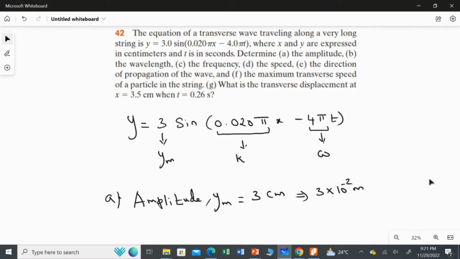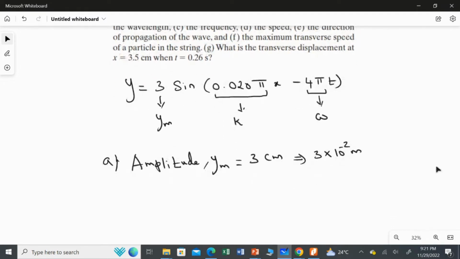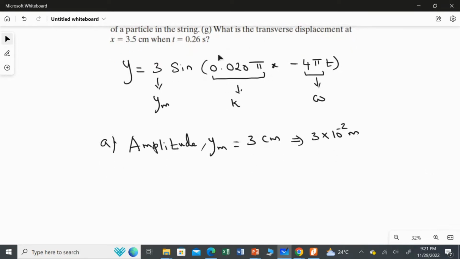In the second question, we are going to find the wavelength. How to find it? It's very easy. We identify the wavelength from the angular wave number, because here the angular wave number is 0.020 pi, which is equal to 2 pi over lambda.